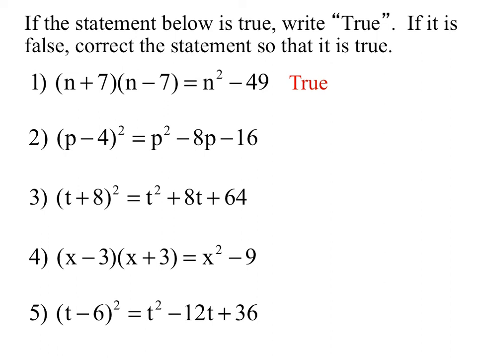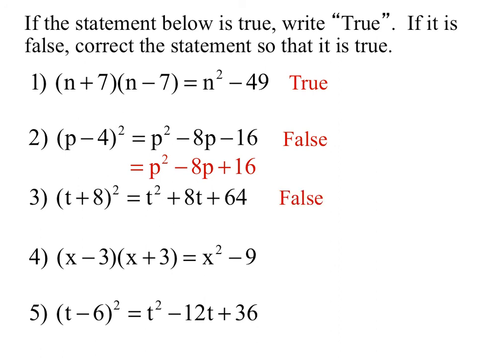Okay, number 2, what do you think? True or false? And this is false. If you notice, remember, when I square my last two terms, negative 4 times negative 4 makes positive 16. So that is false. To make it true, it would have to be plus 16.